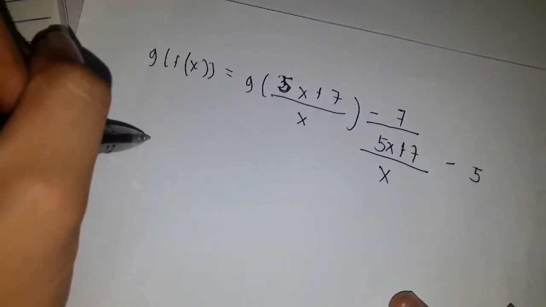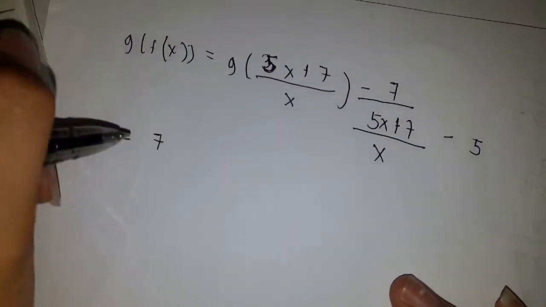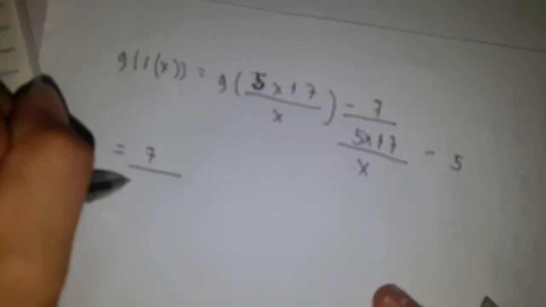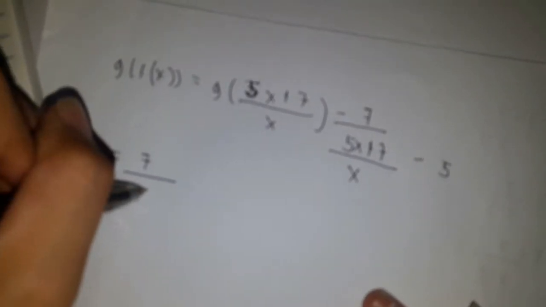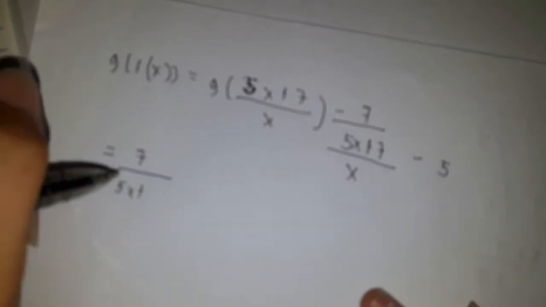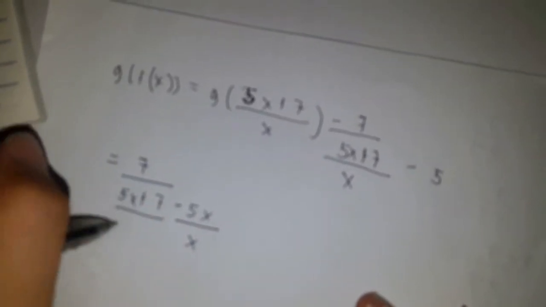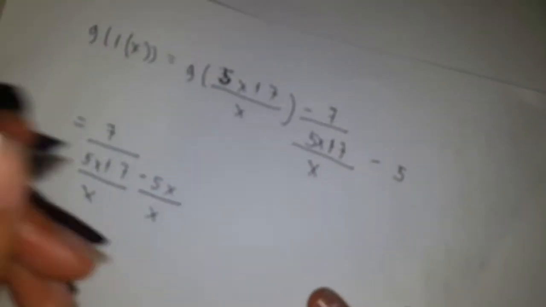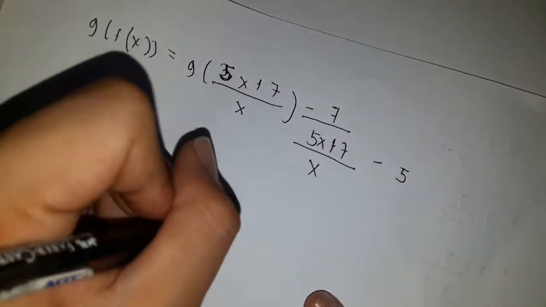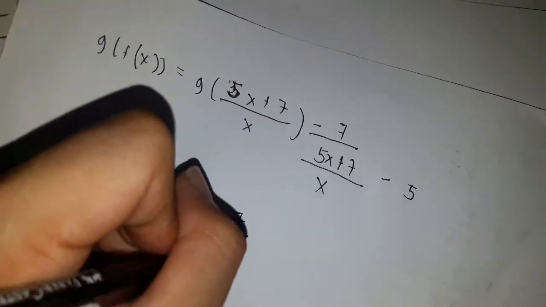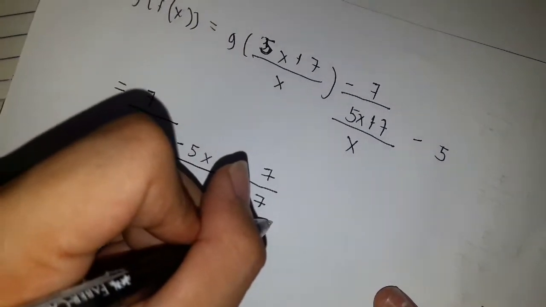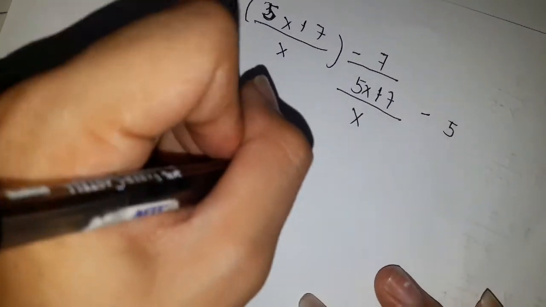Here, 7 over 5x plus 7 minus 5x over x, which have the same denominator, and 7 over 7, which is x.